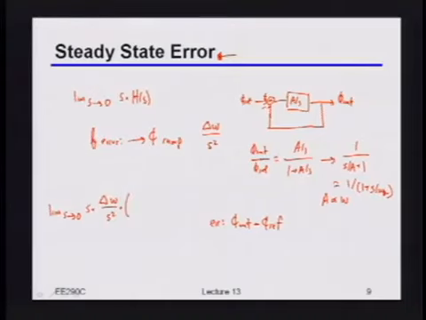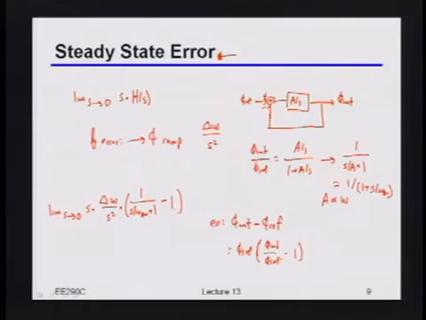And since I'm interested in phi out minus phi ref, I can write the error as phi out over phi ref minus 1, which gives 1 over s over omega bandwidth plus 1, minus 1. Everyone tracking so far?